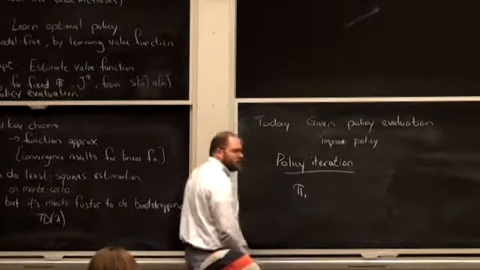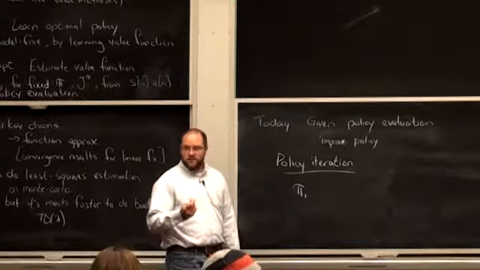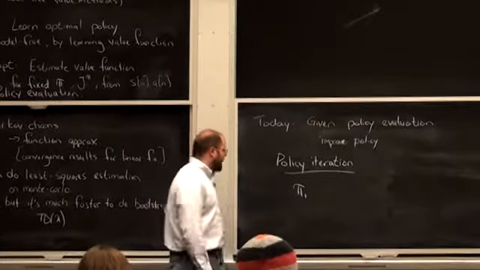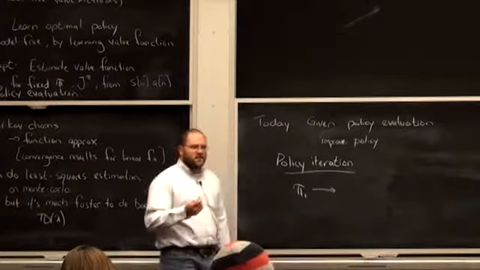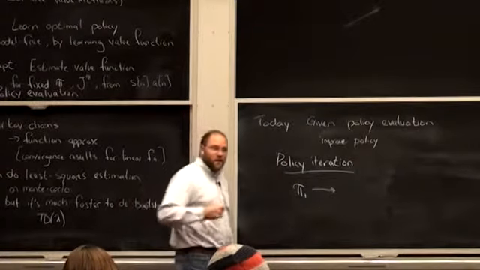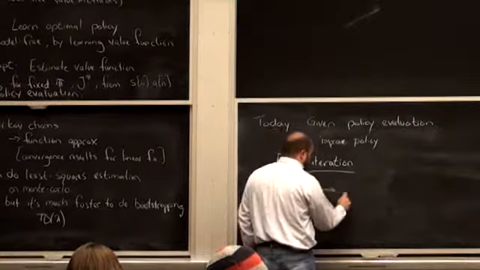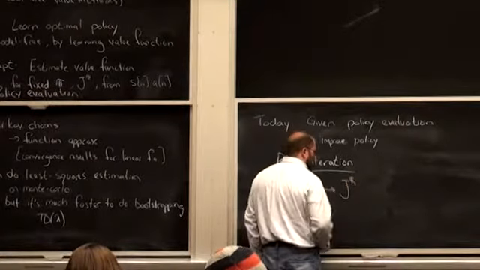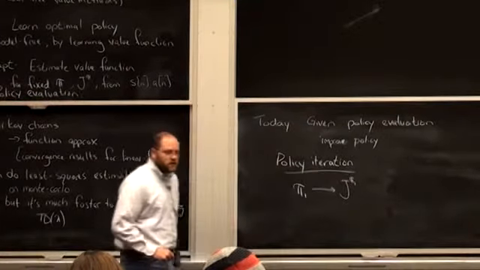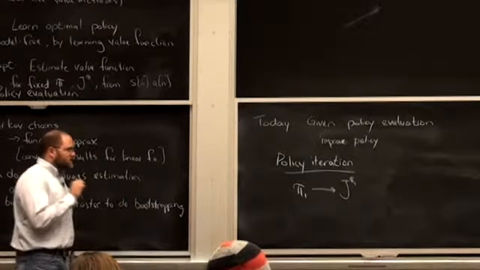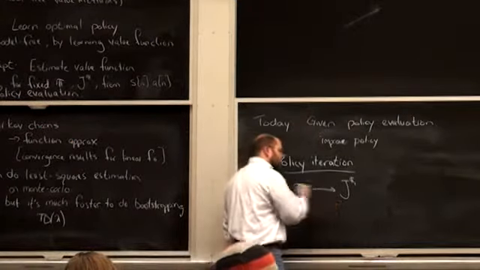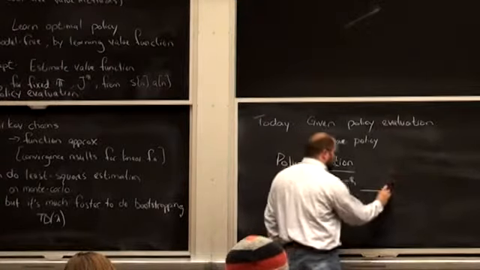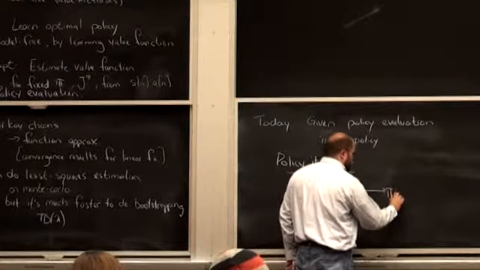So given I start off with some initial guess for a policy, and I run it for a little while, I can do policy evaluation until I've converged on a nice estimate to get J pi 1. And now I'd like to take J pi 1, my estimate, and come up with a new pi 2.